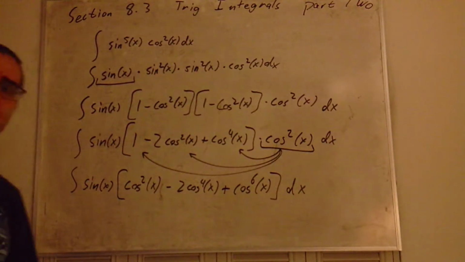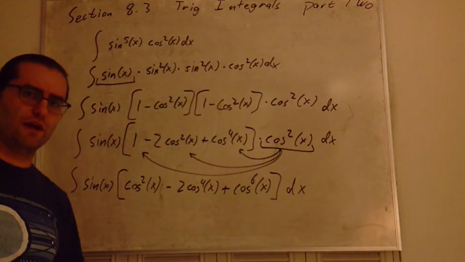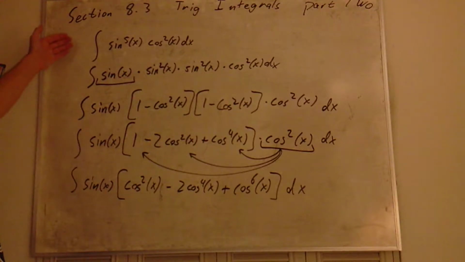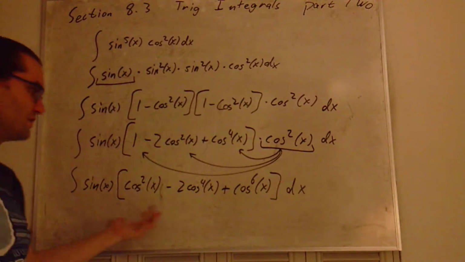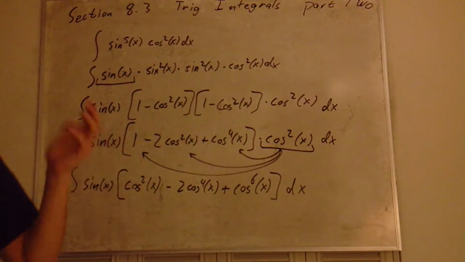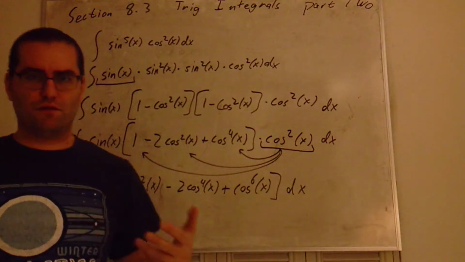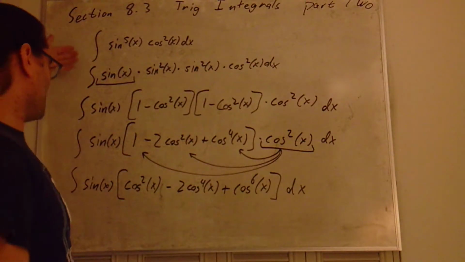So there's a fair bit of algebra going on here. So far we haven't actually done any calculus. We've just taken this weird trig expression and transformed it into a different weird trig expression using algebra and Pythagorean identities and lots of foiling and distributing. This has all been algebra so far.